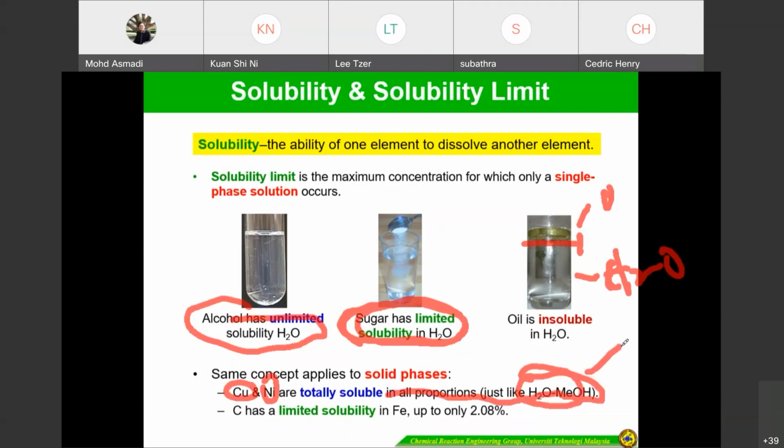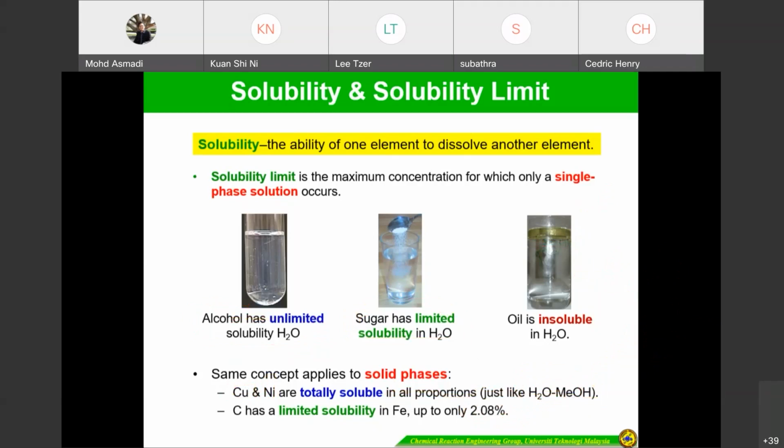For this one you have to know the Hume-Rothery rules. Carbon has limited solubility in iron, up to only 2.0%. Even with compounds or chemicals, when you read the SDS, the safety data sheet, it mentions the solubility in other components like water or other solvents.